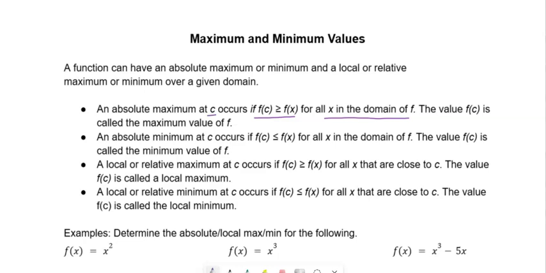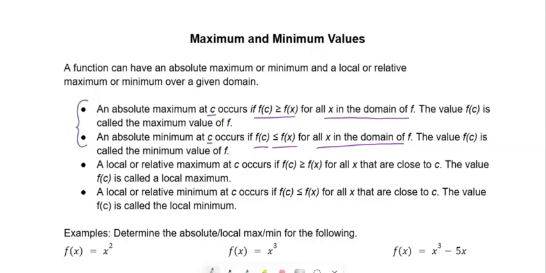So then this would be called the maximum. And then the opposite is true too. It would be a minimum if the function at that point c is less than all of the other x's in that given domain. So that's if it is the absolute maximum or minimum.